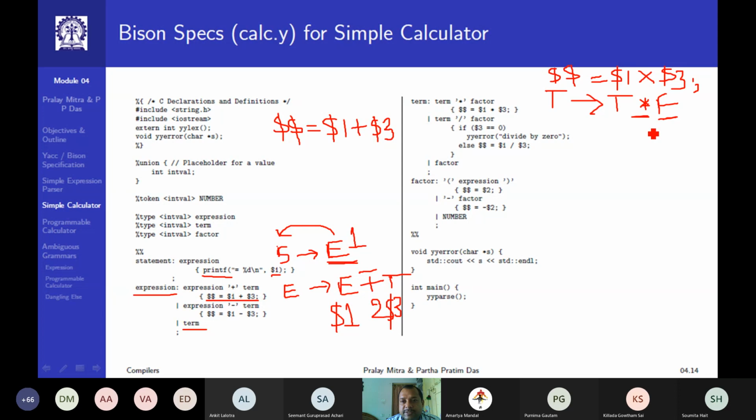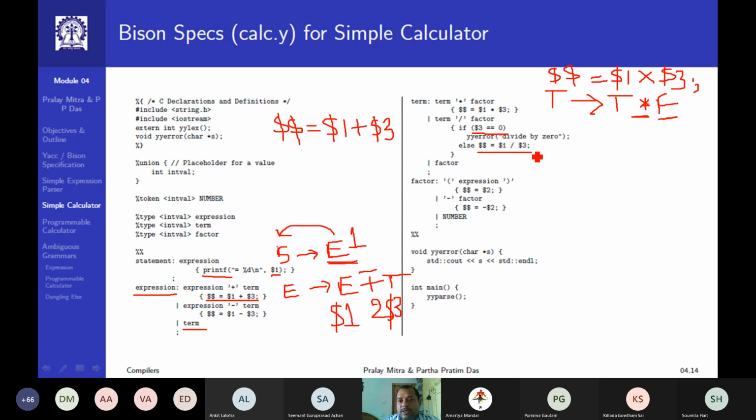Now for the division, it will be same, but one interesting fact regarding division is that you know that division by 0 leads to some error. That's why before writing $$ equals to $1 divided by $3, I am making a check that if $3 equals to 0, which means that the factor by which I am dividing, if it is 0, then there will be an error, division by 0.